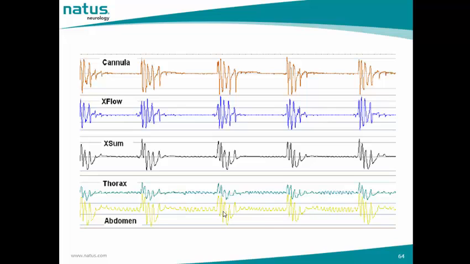This is an example where you can see the cannula trace, RIP flow trace, RIP sum trace, and thorax and abdominal movement. And here you can see how reliable the RIP flow is compared to the nasal pressure cannula.